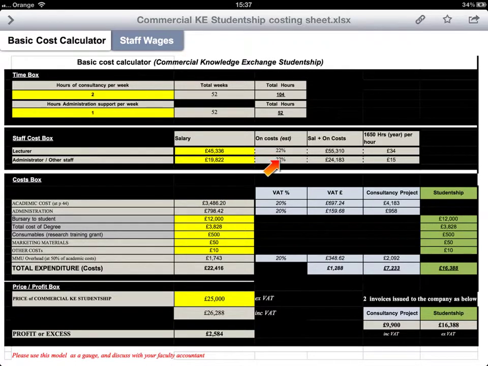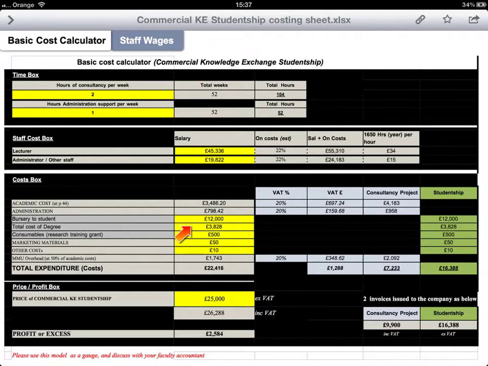These are on costs, pension and employers NI. I've estimated this at 22%. They tend to vary, but this will be adequate for a basic costing. And again, academics do 1,650 hours, so this gives us an approximate hourly rate. Okay, so now we've got the correct wage rates and the number of hours, we know exactly how much our academic and administrator is going to cost.